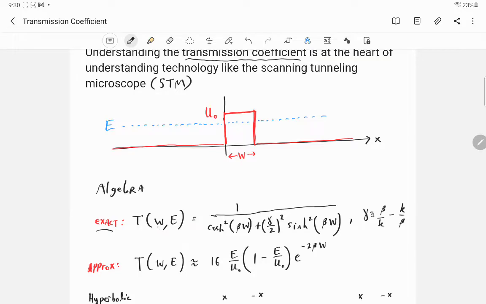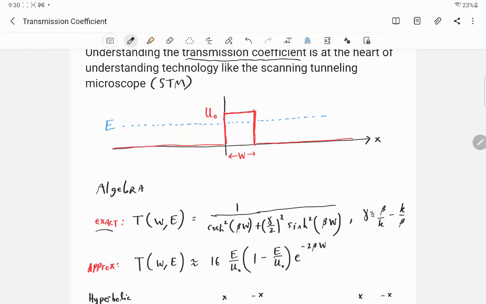So here are the things that we might imagine we can control in an experiment or inside of a technology, right? And the expression does have U sub 0 inside of it, because beta is this factor. It's got dimensions of 1 over length, but it actually depends on E and U naught, and also the mass of the incoming particles, right?